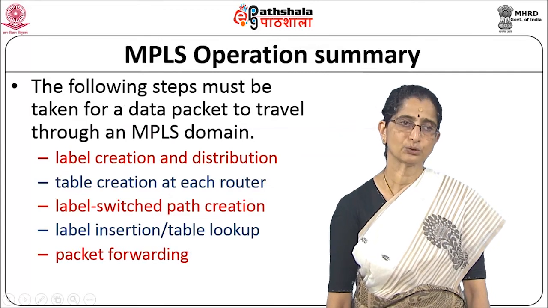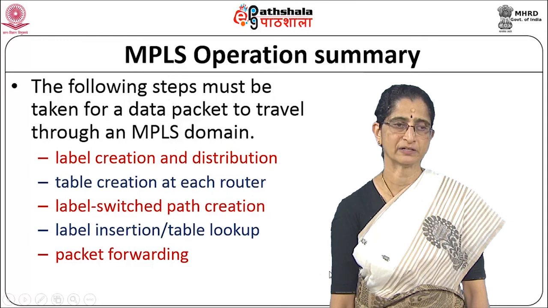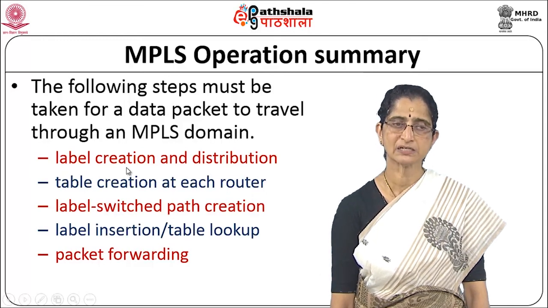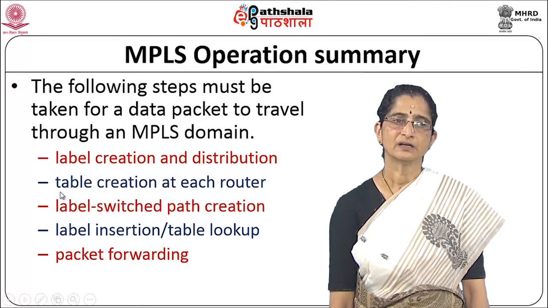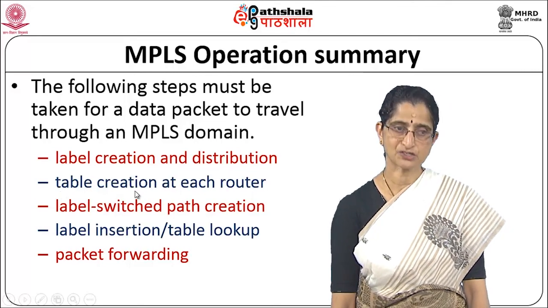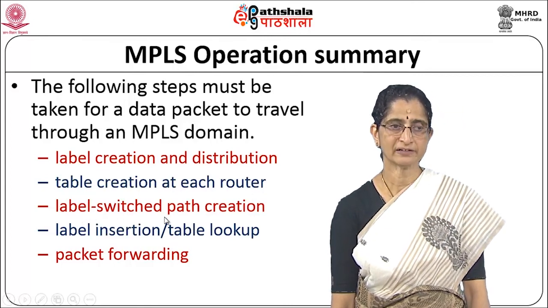Operationally, for MPLS to work, the following things will have to be done. First, you will have to create labels and distribute them. That will help to set up the LSPs. Then table creation has to happen at each router, and then a label switched path will have to be created.